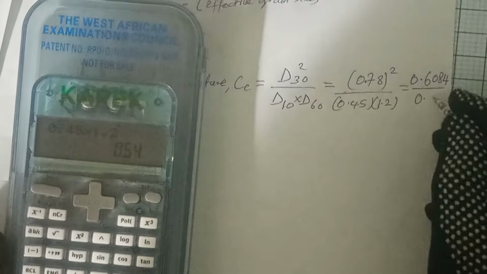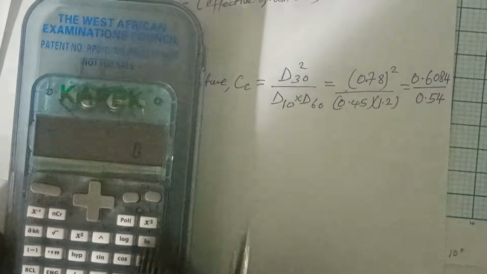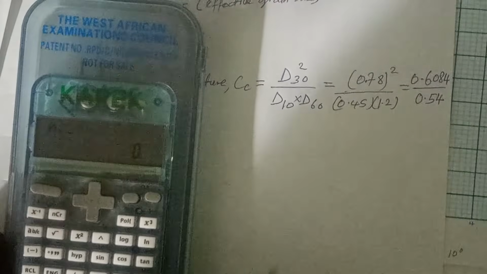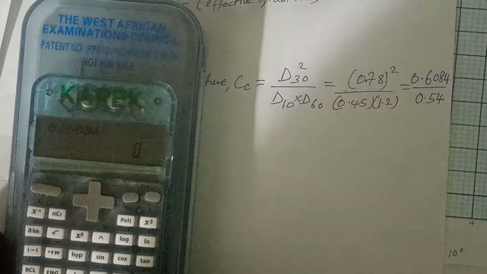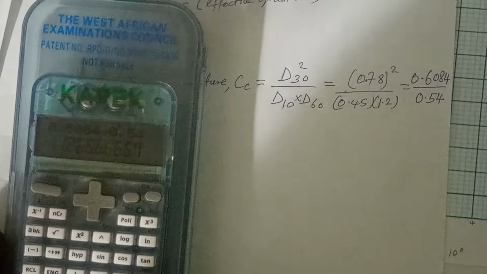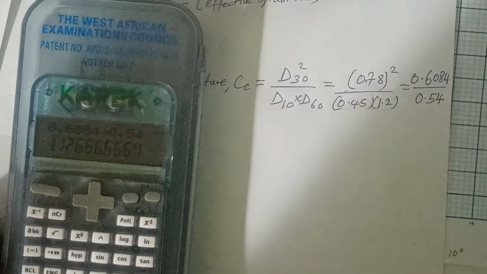We have 0.54. So if you divide 0.6084 by 0.54, we have 1.12.